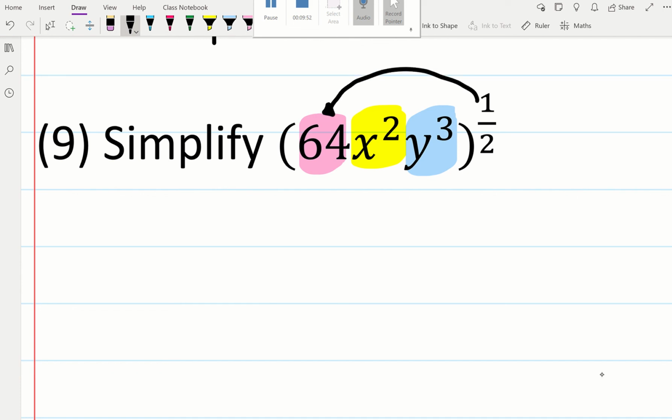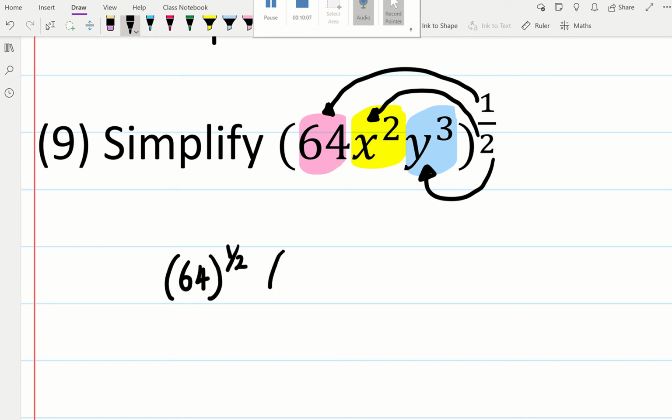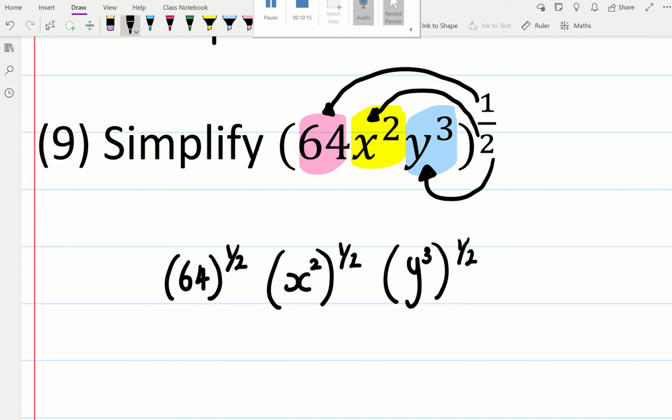It's applied to the 64, it's applied to the x squared, it's also applied to the y cubed. So let's write this: 64 to the power of a half. X squared to the power of a half. Y cubed to the power of a half.